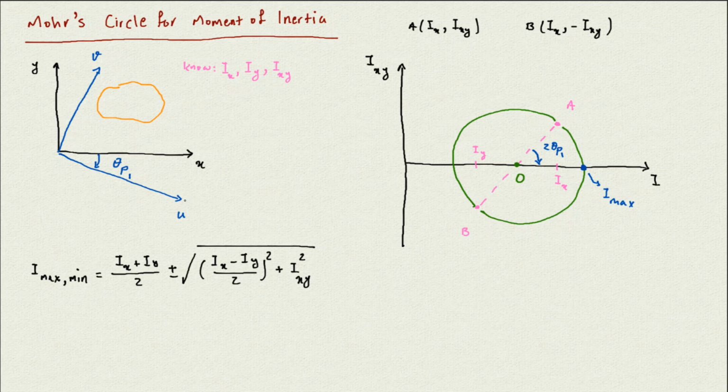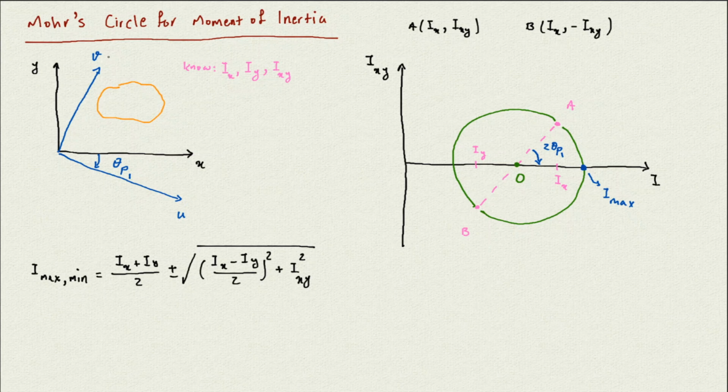Now from the u, if I go 90 degrees back, I would get the Iv, which is going to be the minimum value for the I. So for this case, we'll assume that if I rotate by theta p1, I get to the u, which has the maximum.